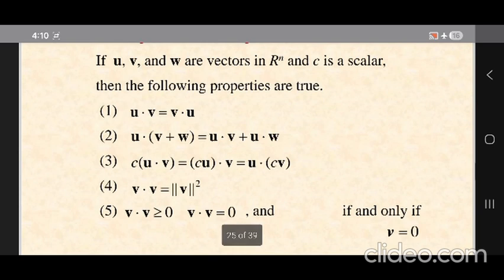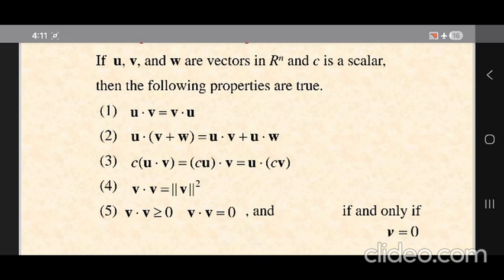Properties of the dot product. u, v and w are three vectors in R power n, and c is a scalar. Then the following are true. u dot v equals v dot u, the commutative property. Next is the distributive property: u dot (v plus w) equals u dot v plus u dot w.